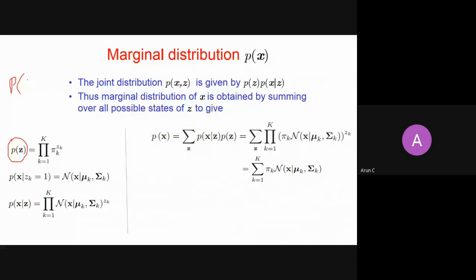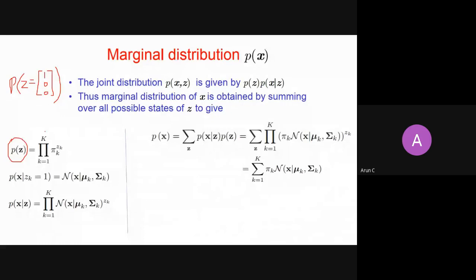Let's say z equals 100. In general, probability of z means you are seeing all three probabilities together: probability of z equals 100, probability of z equals 010, probability of z equals 001, right? I'm just writing it for one case, probability of z equals 100.